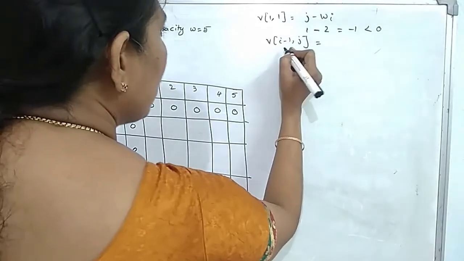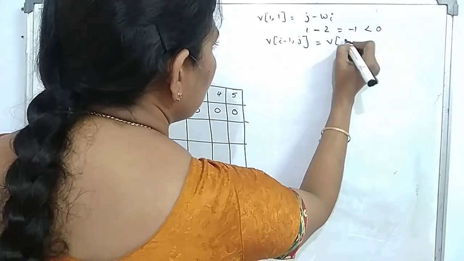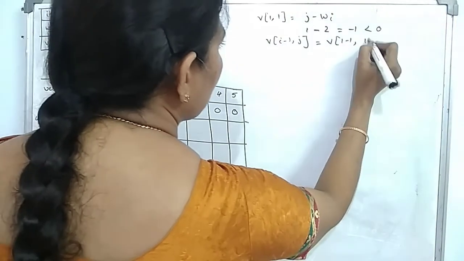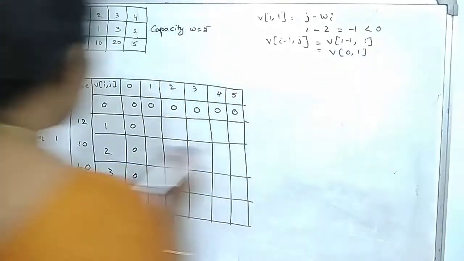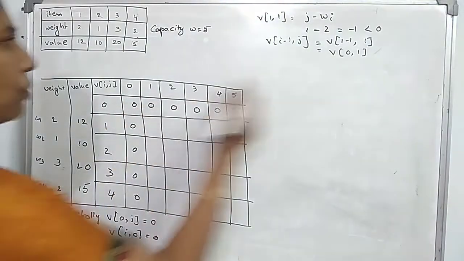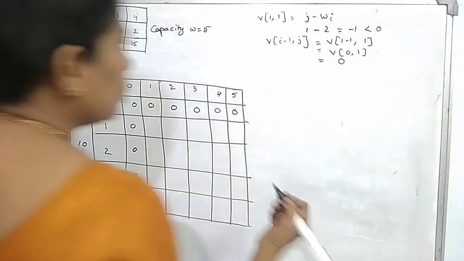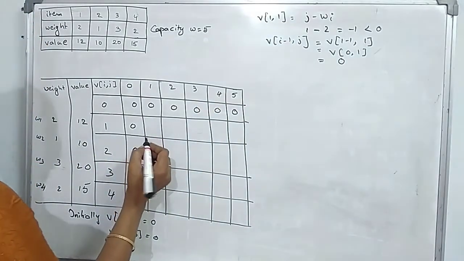So i value is 1, V of 1 minus 1 comma j value 1. So that means V of 0 comma 1. The V of 0 comma 1 value is 0. So that means the V of 1 1 value is set to 0. So you can put the value of 0.